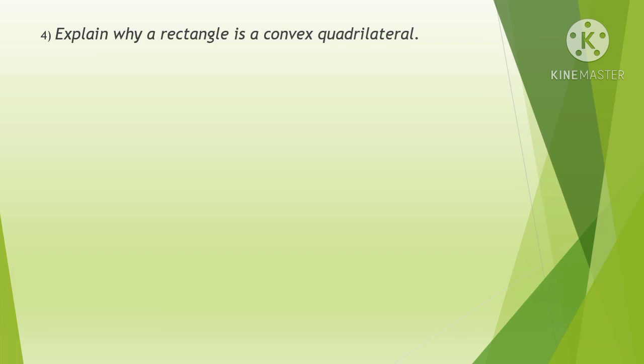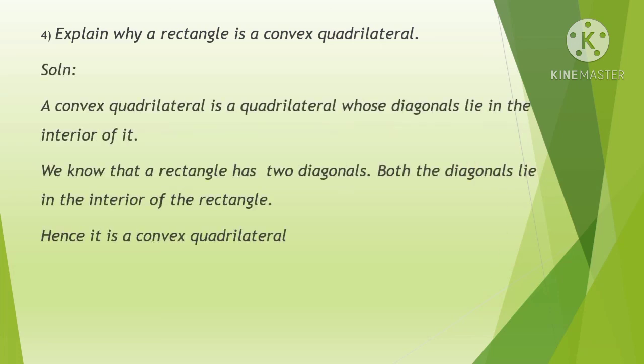For the rectangle, all the diagonals we draw are inside the figure, and for a convex quadrilateral also all the diagonals will be inside the figure. A convex quadrilateral is a quadrilateral whose diagonals lie in the interior of it.